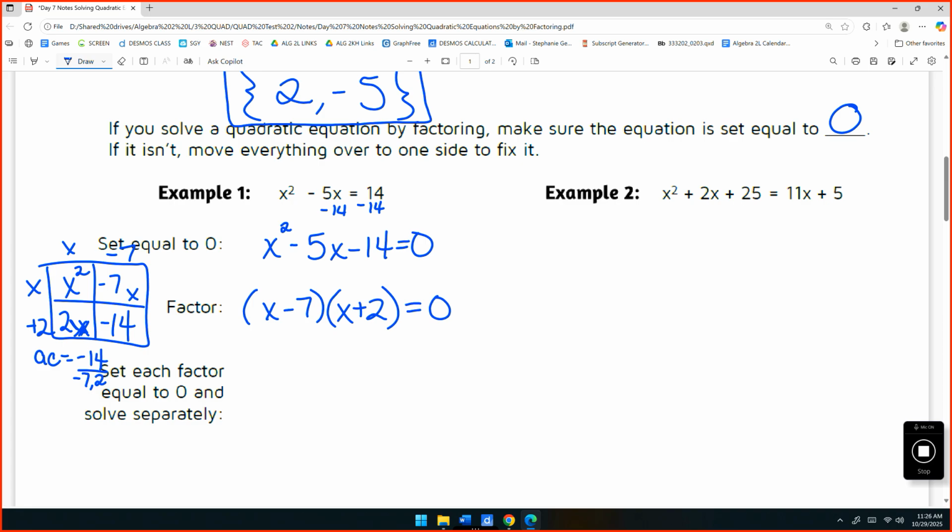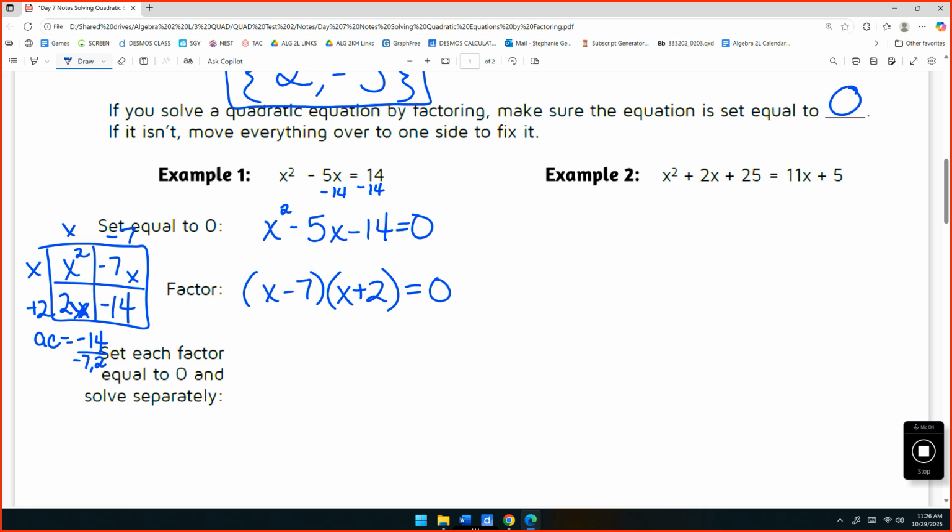Okay? You can't forget the equals 0 because this is now an equation that I can solve. If I don't have an equal sign, then I don't have an equation. Okay, now I can set each factor equal to 0 and solve separately.